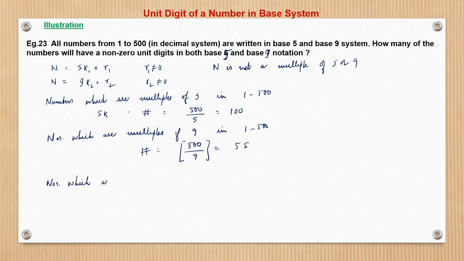Numbers which are multiples of both 5 and 9 in 1 to 500. So that we can find as the LCM of 5 and 9, which is 45, right? So 500 by 45, integer value.